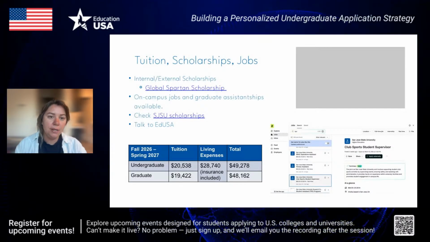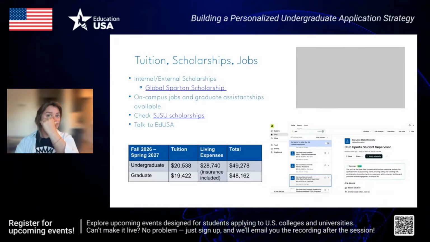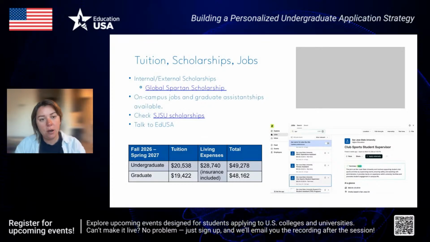Yeah, we have a page there. Also, talking to Education USA is very important. There are jobs available. As an international student, you are eligible to work 20 hours per week in your first year. But you're not going to be able to use that to say, okay, I'm going to get a job, so that's where this money is going to come from.